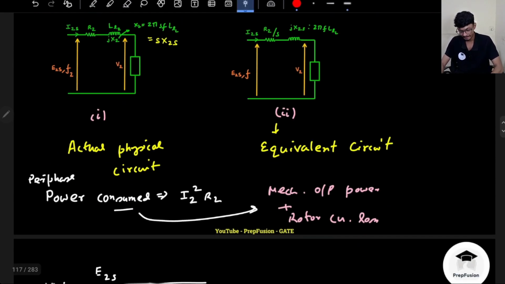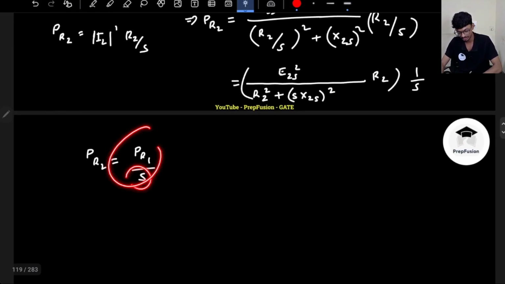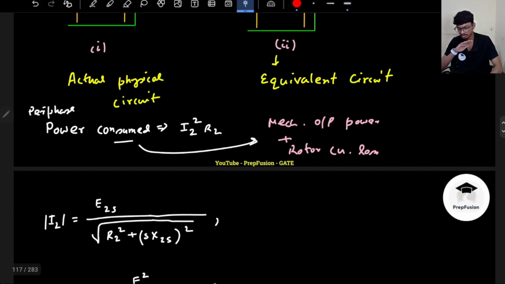But the problem is here, it is showing PR1 divided by S, so something is wrong. We want to separate out the rotor copper losses and the mechanical output power.